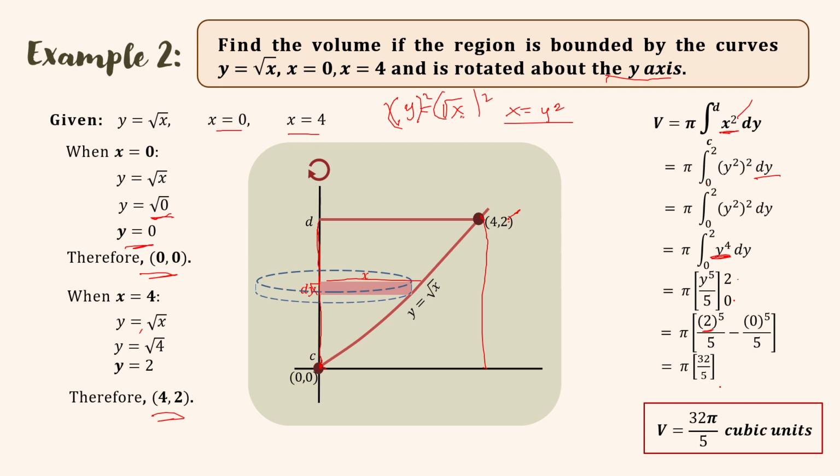Again, when we talk about the circular disc method, the disc is attached and perpendicular to the axis of rotation or revolution. So we know already how to determine whether it is in terms of x or in terms of y, and how to get the boundaries.